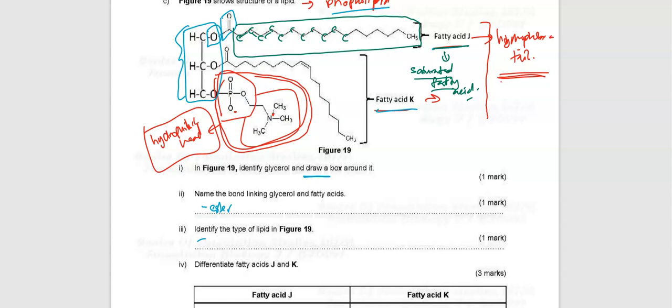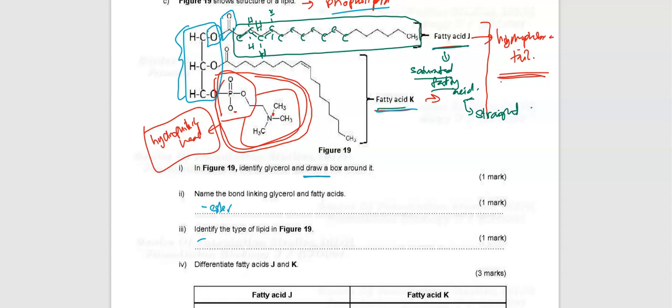So each carbon will have a maximum of 2 hydrogen atoms bonded to it. It is saturated with hydrogen atoms. Therefore, the molecule of a saturated fatty acid will be straight.